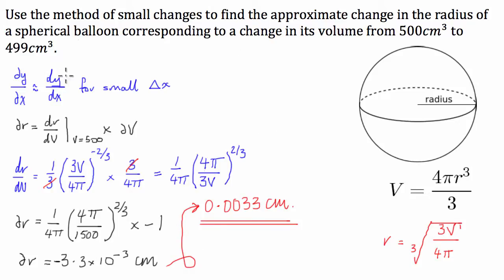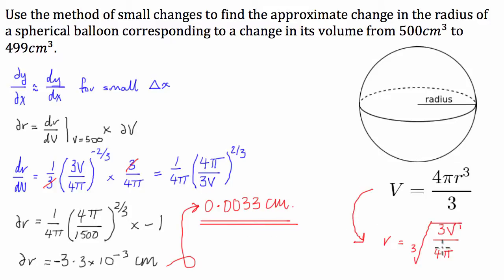What we've done is manipulate this incremental change formula to give us delta r. We also had to manipulate the volume formula, because at the start we had volume in terms of radius and we needed radius in terms of volume.